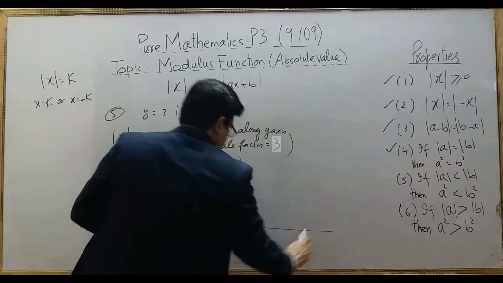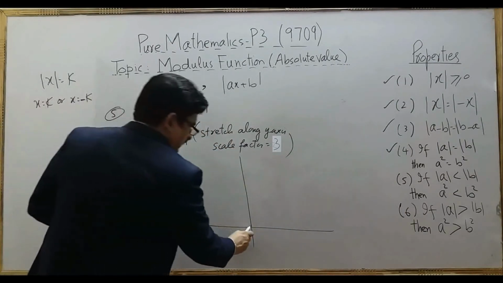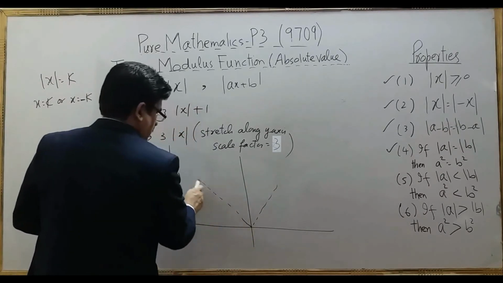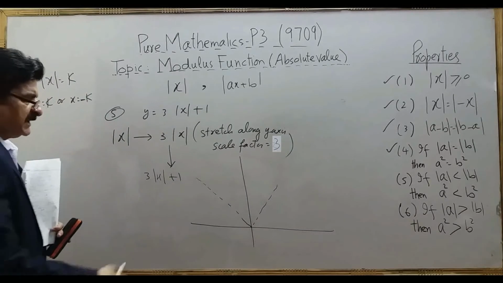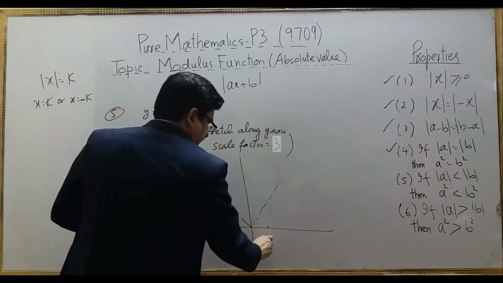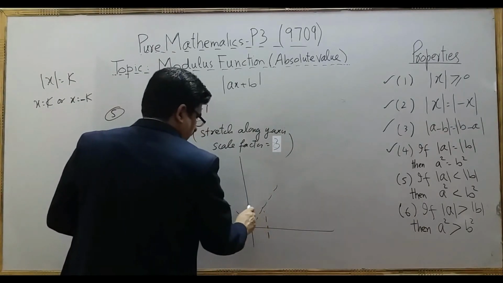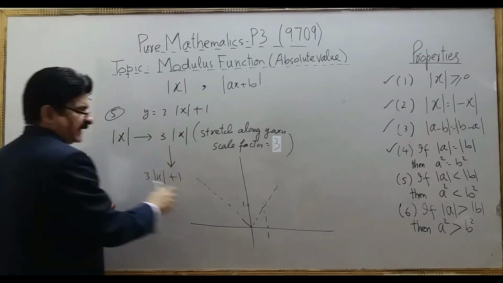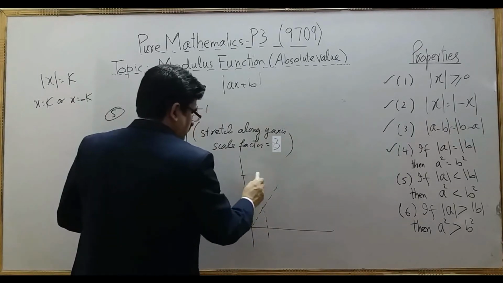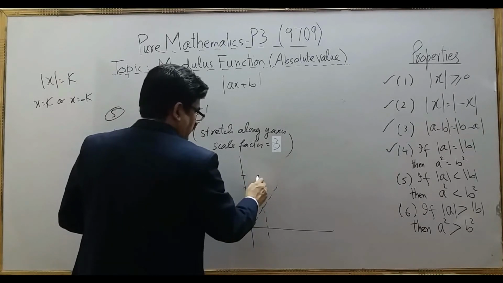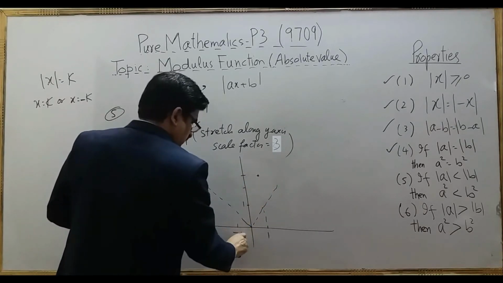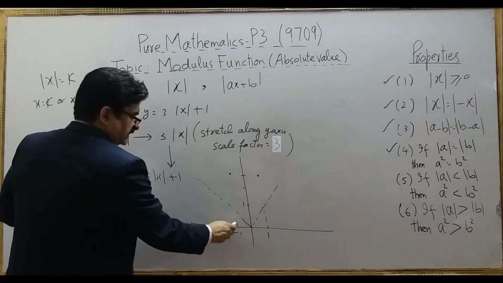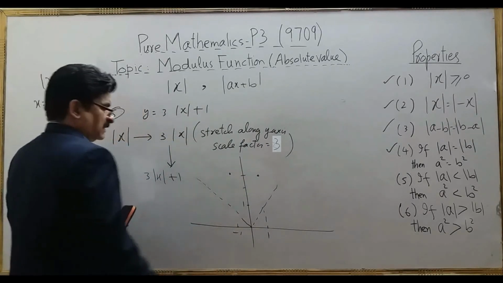So see the sketch of this. Now you know the graph of |x| will be like this. We have done it. Then 3 times. Now 3 times means at 1 you have this height 1. Now multiply it by 3. So at 1 you will have height 3. So this point will come over here. Similarly, this point will come over here, because at -1 its height is 1.